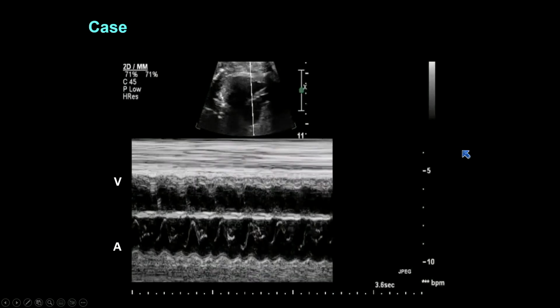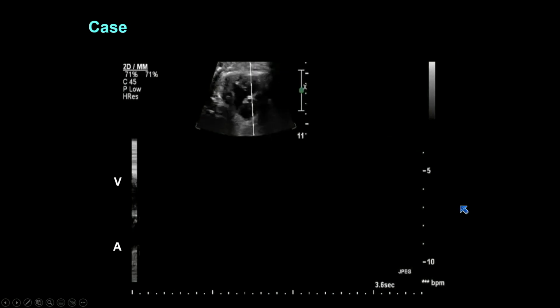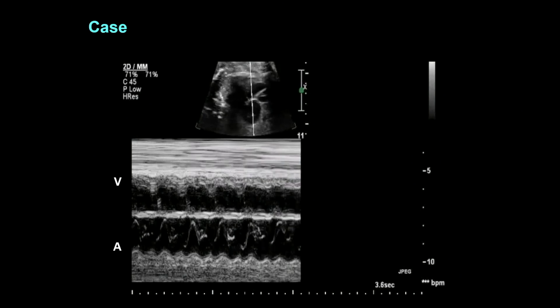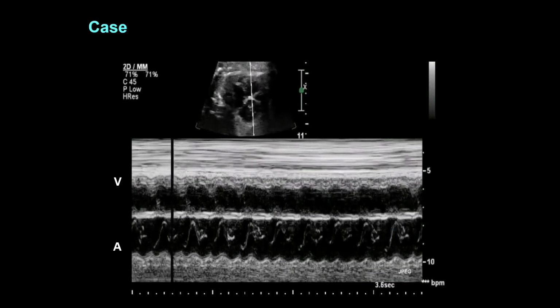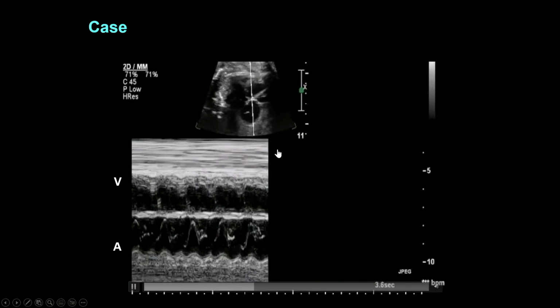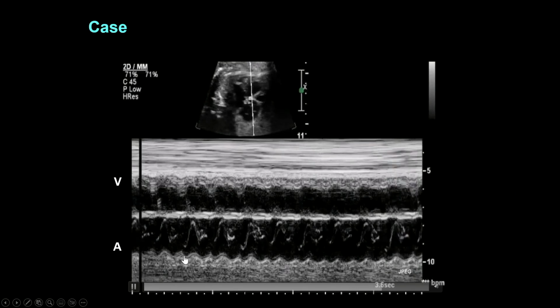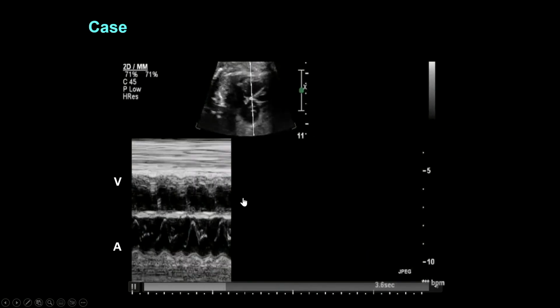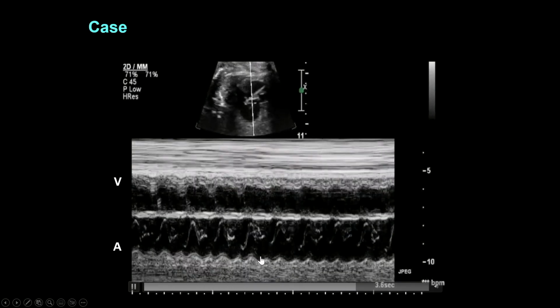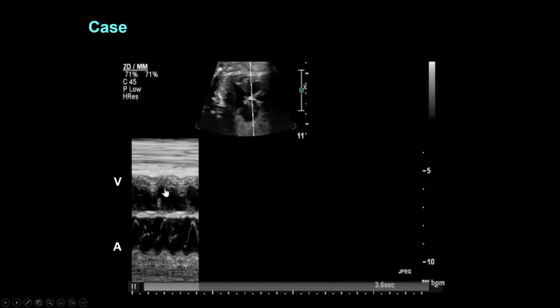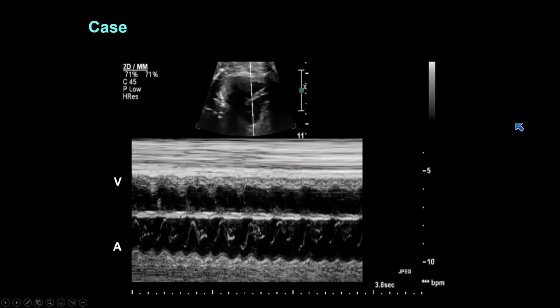Here is an example of how we do this, and I like M-mode. I usually like SVC aorta Doppler, but for the flutter, it's very nice to show the flutter wave on the back of the heart here. And you see this is twice as fast as the ventricular rate on top.